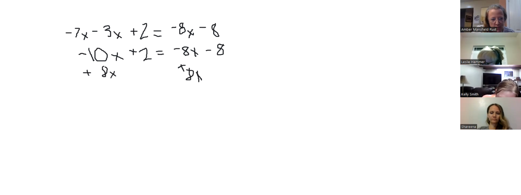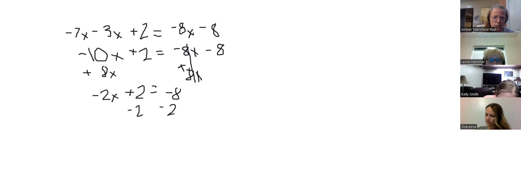Okay, so what does that do for us? So that equals -2x plus 2 equals -8. And then we just take away 2? Okay, and then we have negative 2x equals negative 10.